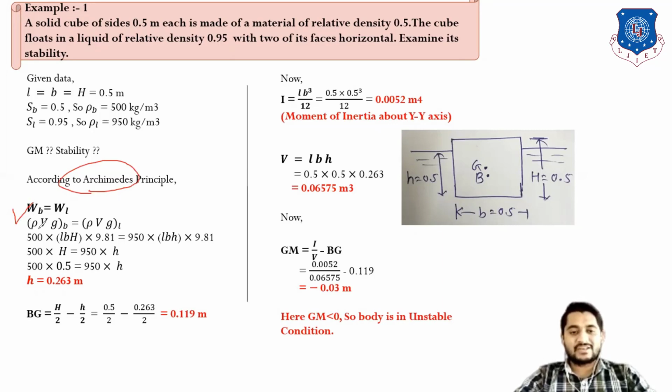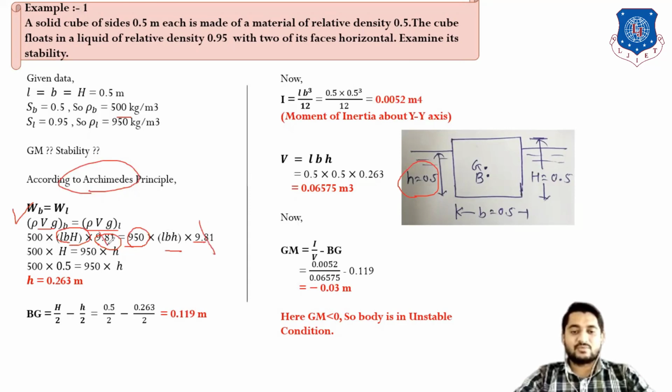Instead of weight, we can write rho Vg of the body is equal to rho Vg of the liquid displaced. Here rho of the body is 500. Volume of the whole body, LB into capital H into g is 9.81, equal to rho of the liquid 950, volume of the liquid LB into small h, and g is equal to 9.81.